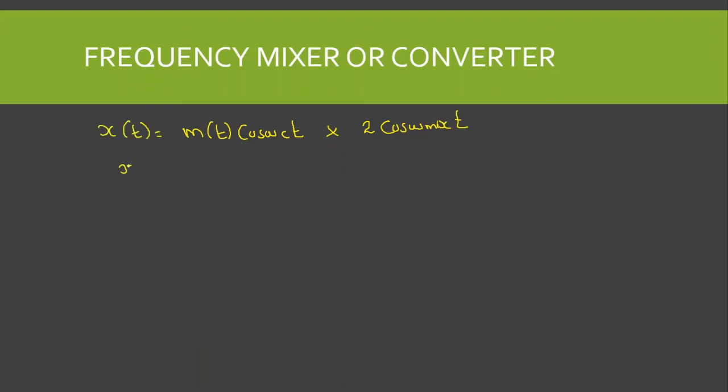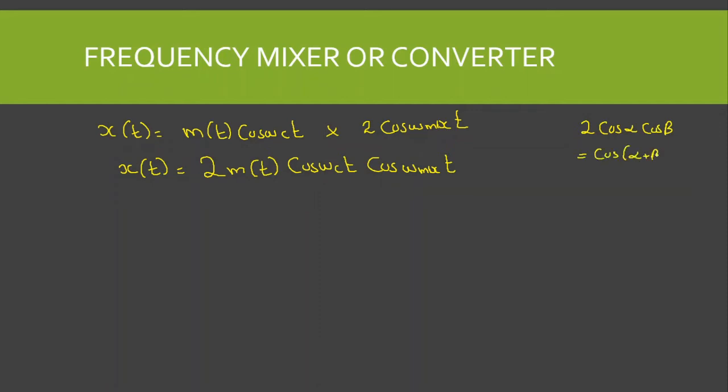So x of t is equal to 2 m of t cosine omega_c t cosine omega_mix t. Now we are going to use the trigonometric property. According to the trigonometric property, 2 cosine alpha cosine beta is equal to cosine (alpha plus beta) plus cosine (alpha minus beta). So I'm going to use this property.